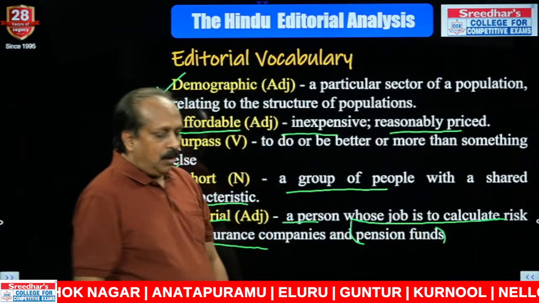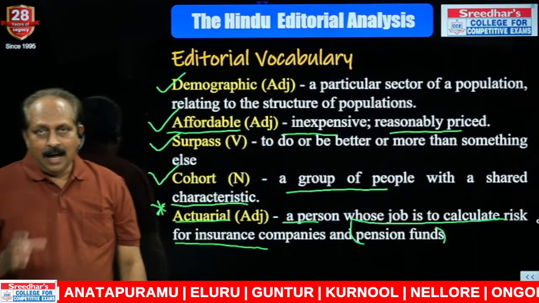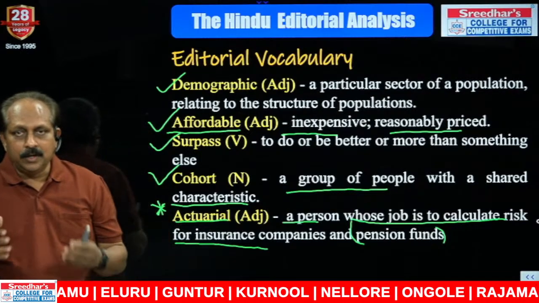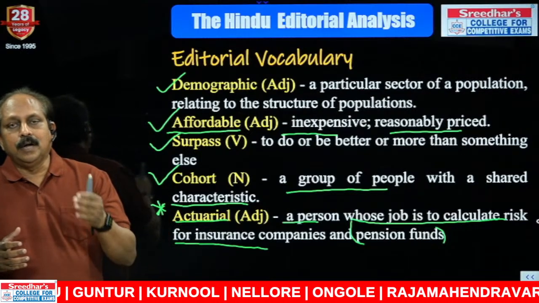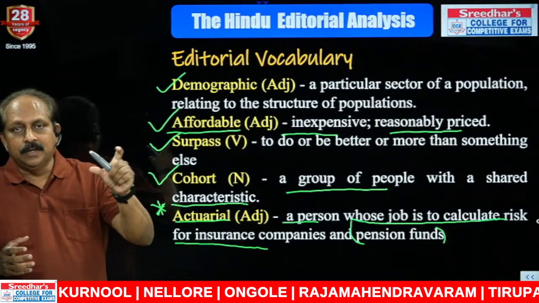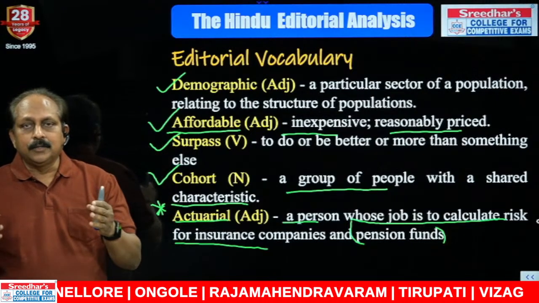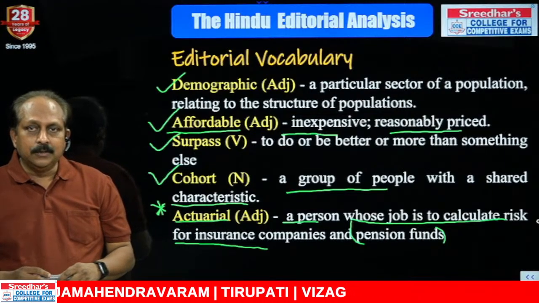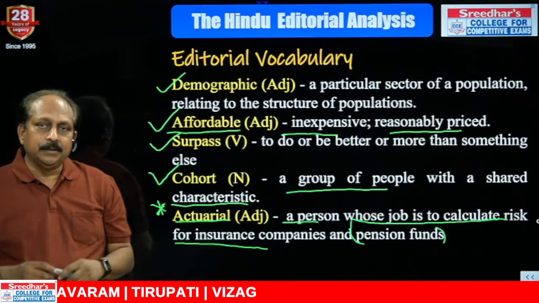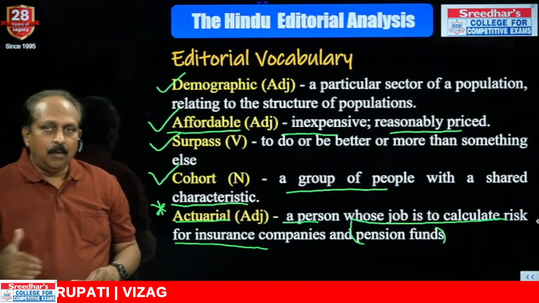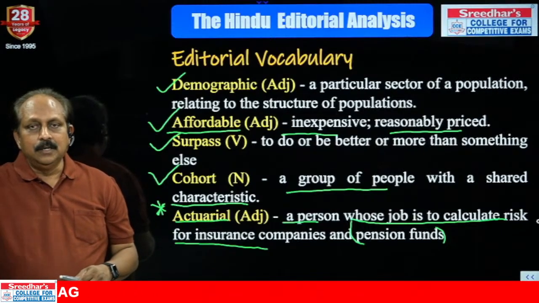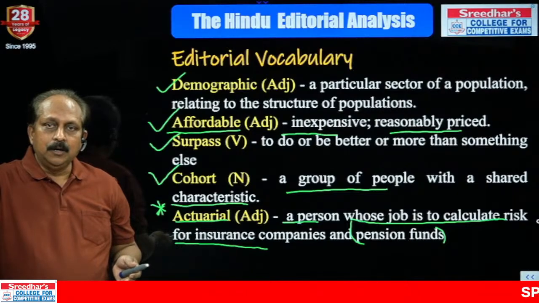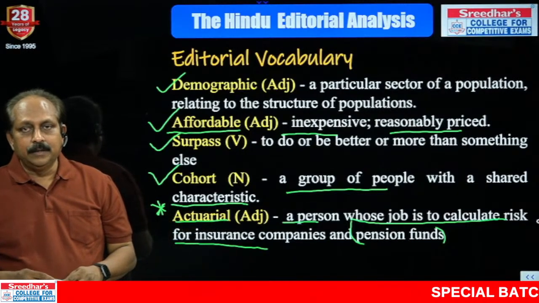In this context, not related to pension funds. Actuarial is a person, and what is his job? His job is to calculate the risk factor that goes with insurance companies. You may ask, sir, what is this risk factor? Imagine a youngster takes insurance, there's no risk for the company because a youngster, normal assessment, 60 years, 70 years, about 40, 50 years, he'll pay regularly, he will make the payment.